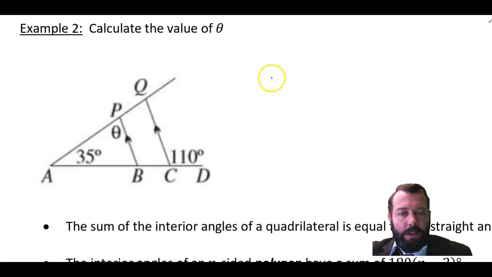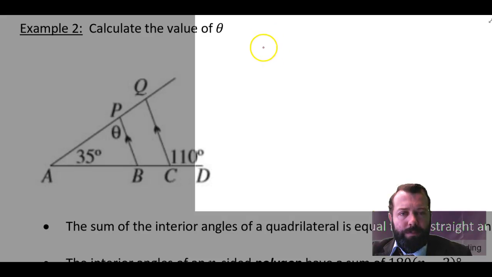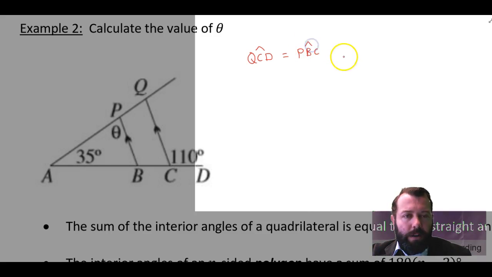So I said that the angle QCD, you can indicate an angle with a symbol on top like that, is equal to the angle PBC, and I need to say why. Why is that so?